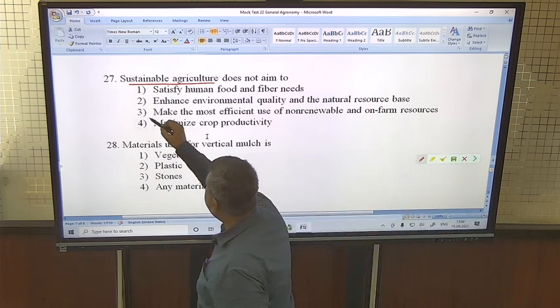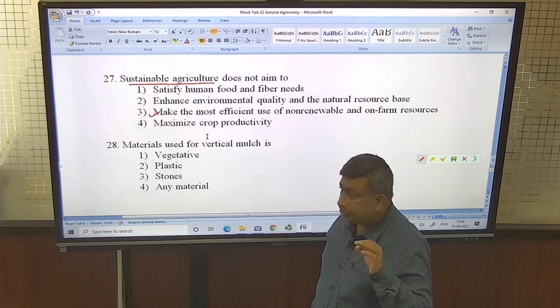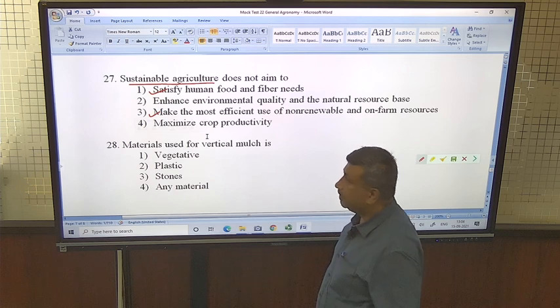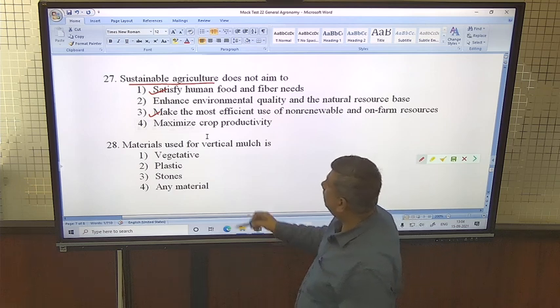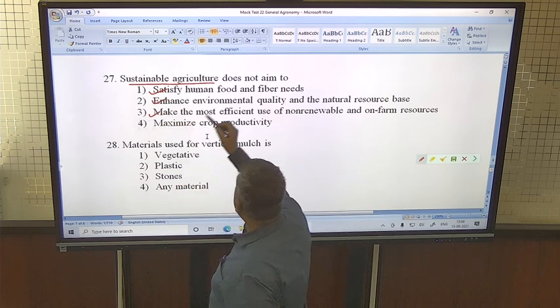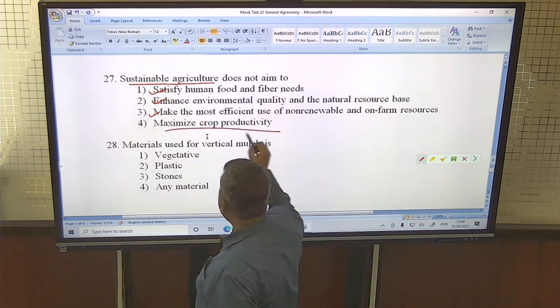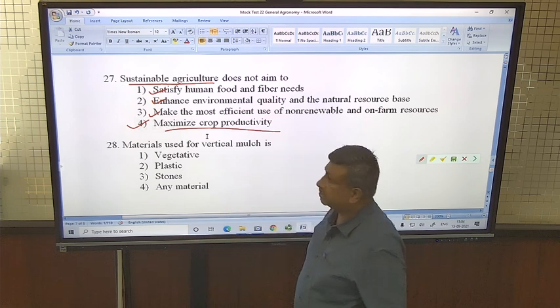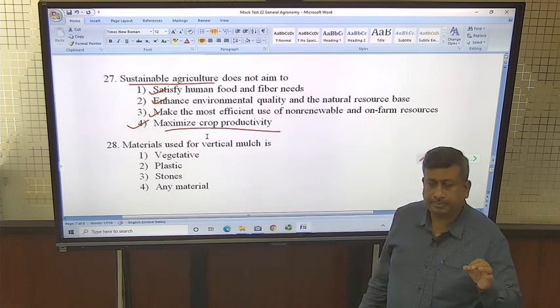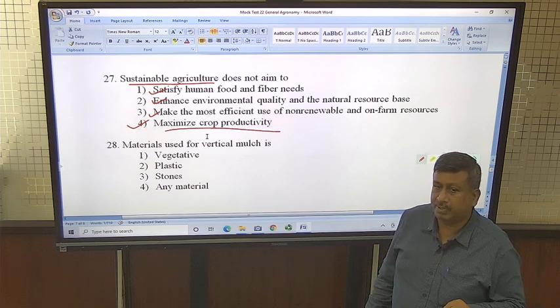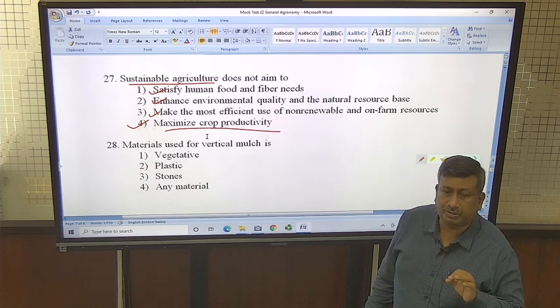Then to satisfy changing human need, maybe food, feed, fiber, whatever, and maintain the quality of environment, meaning enhance the environmental quality. So, these 3 come under sustainable agriculture. So, maximizing crop productivity is not the aim of sustainable agriculture. Sustainable agriculture does not aim at maximum production of crop, it aims at successful management of resources.